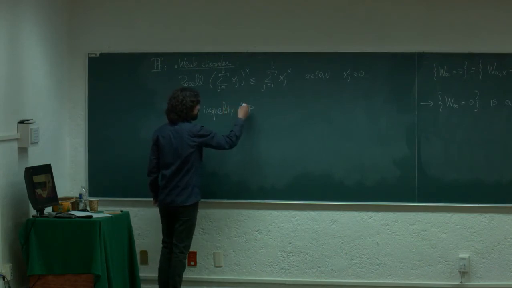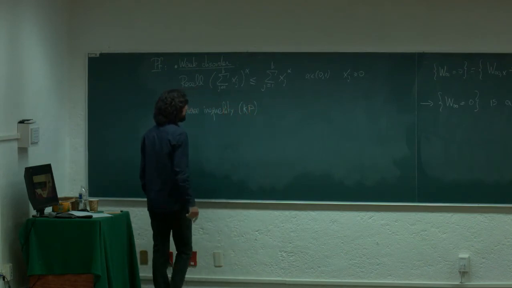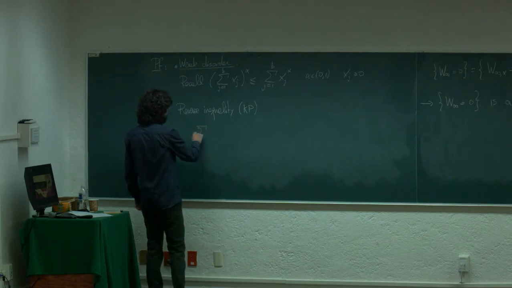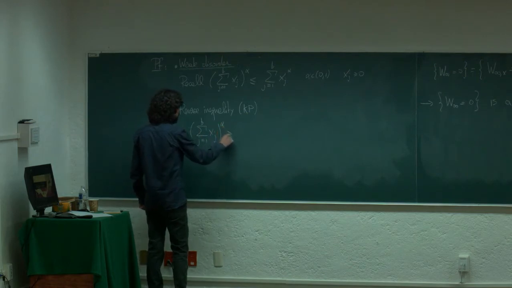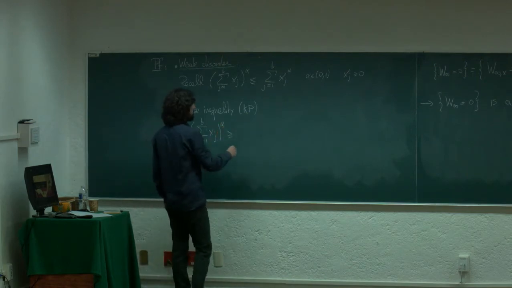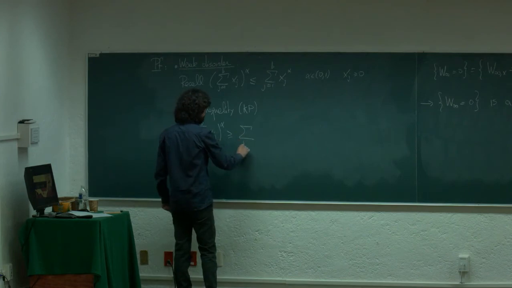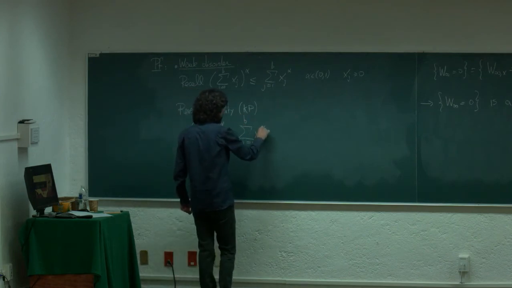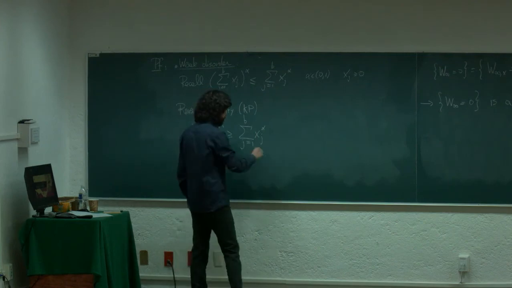So this is by Cahan and Perrier, which says the following. You can bound this below by this same quantity. But of course, you have to subtract something.